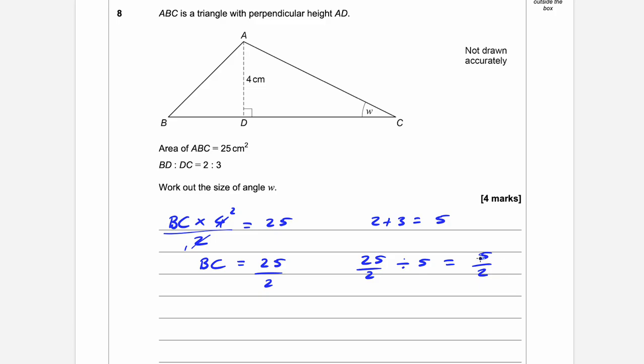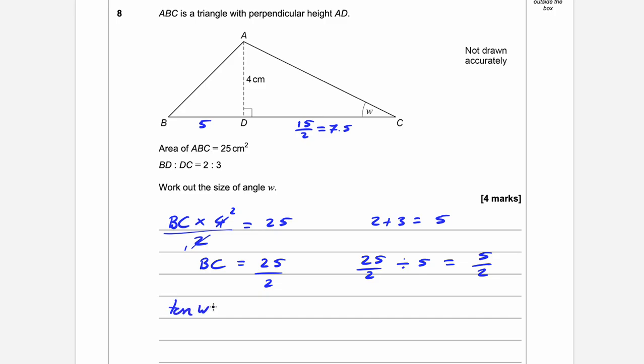And then this is in the ratio of 2 to 3. So this is equal to 2 of these, so 10 over 2, or 5. And this is equal to 3 of these, so 15 over 2. So this DC is 15 over 2, or let's go with 7.5, seeing as we're going to get W. Okay, now I can get W using tan.